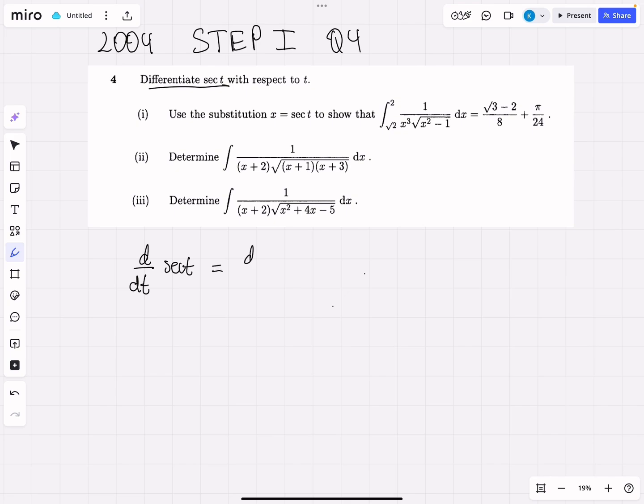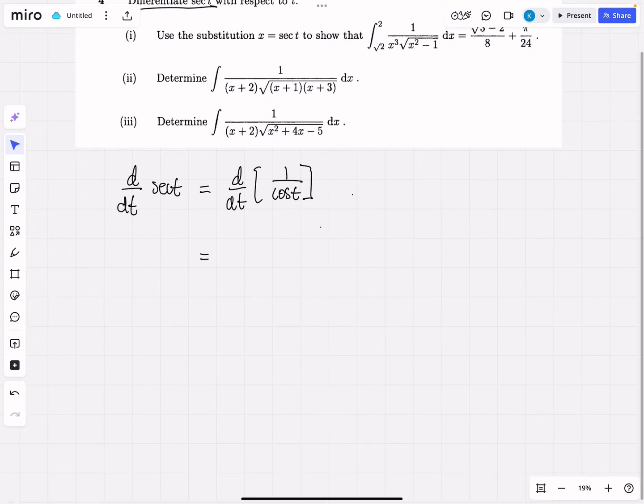So the derivative of sec t with respect to t is going to be the same as the derivative of 1 over cosine t with respect to t. And here we can just use the quotient rule, right? So this is going to be 0 multiplied by cos t, since the derivative of 1 is 0, and then you keep cosine t minus the derivative of cosine t, which is minus sine t over cos squared t.